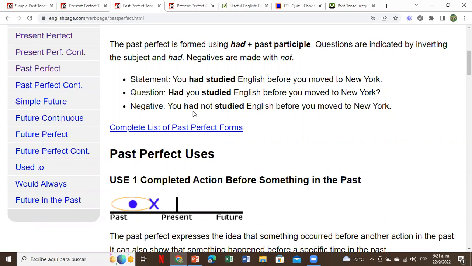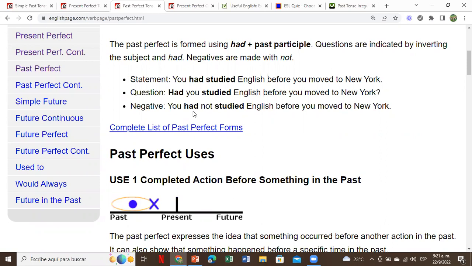Cuando yo digo, yo no estudié, yo digo, I didn't study. El didn't está en ¿qué? En pasado simple negativo, ¿verdad? Y el verbo study está en su forma base.